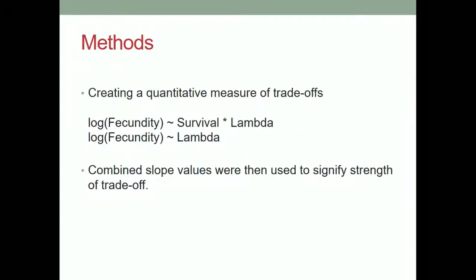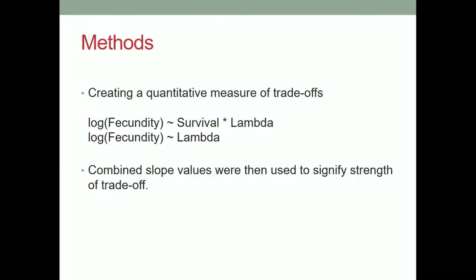I had to generate a quantitative measure of this trade-off, and I did that by using the weighted mean of fecundity and survival from each matrix of each species. The mean of fecundity was weighted by the stable stage distribution of each of the matrices. I used two models, survival and lambda on its own, to correct for the population growth rate of each of these matrices.